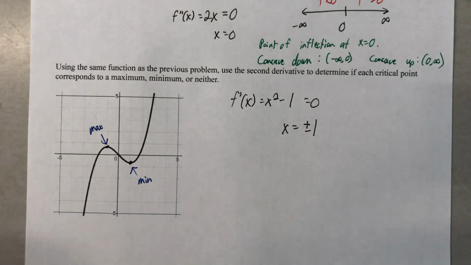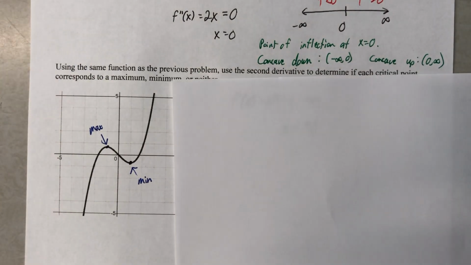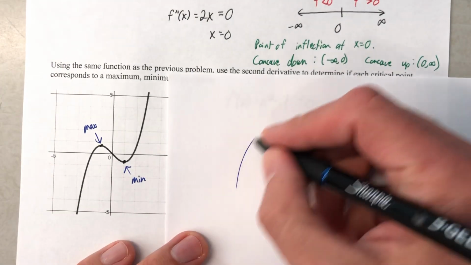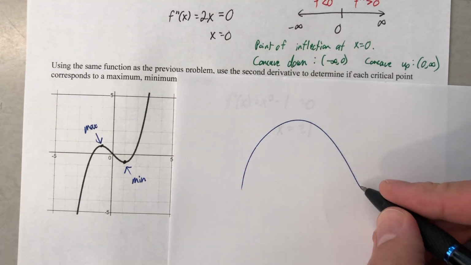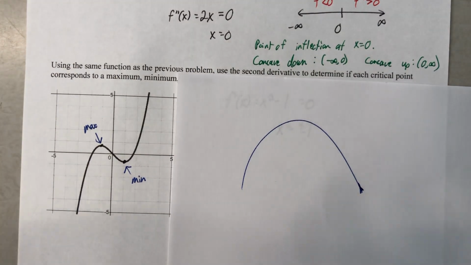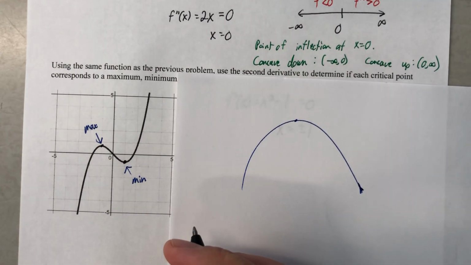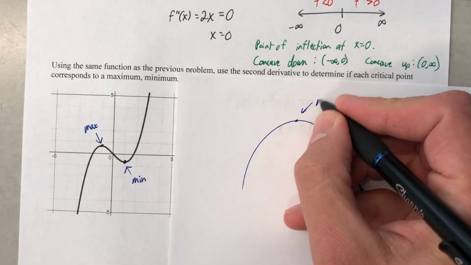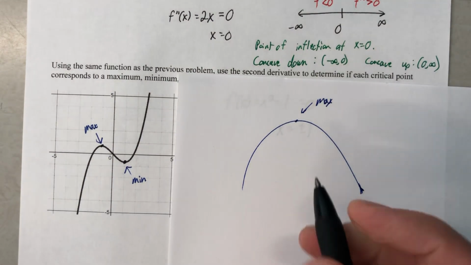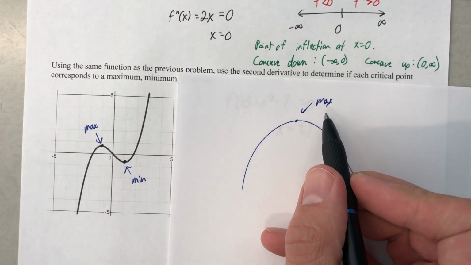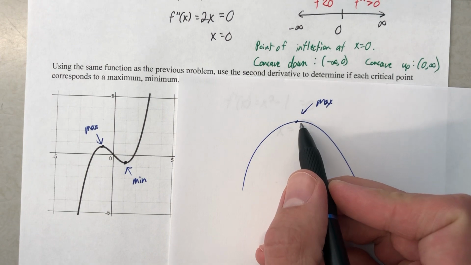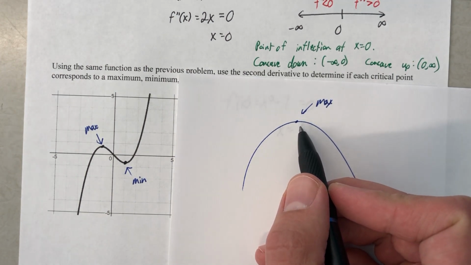Let me say it again with a blank piece of paper. A man walks up to you and hands you this graph. I didn't mean to turn it down like that, okay? Concave down, right? Maximum, right? Right. Okay, so we have a maximum. You're going to have a maximum when you have a critical point on an interval that's concave down.